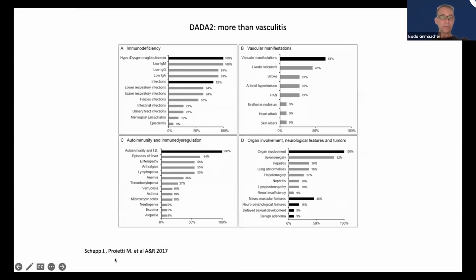Here's a summary with a nice publication from Johanna Schepp and Michele Proietti, summarizing all the phenotypic features you can identify in deficiency of ADA2, DADA2.